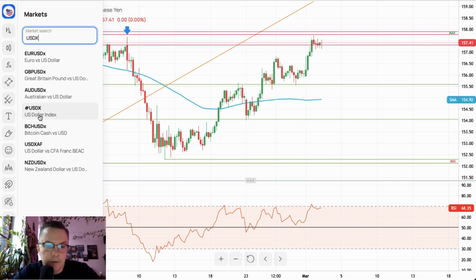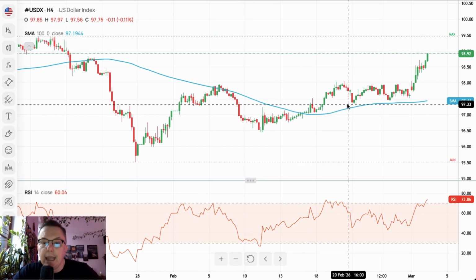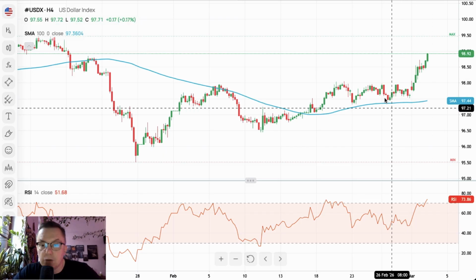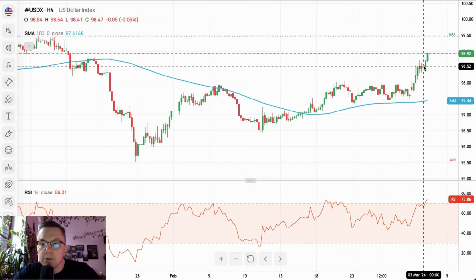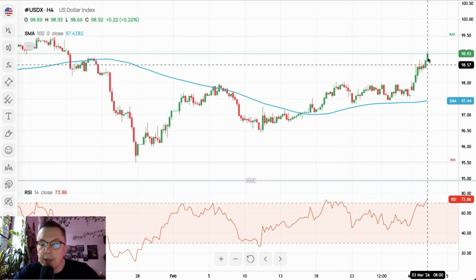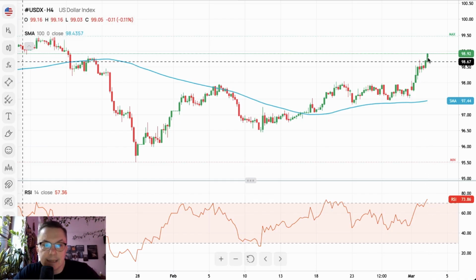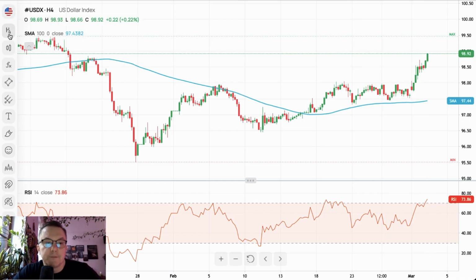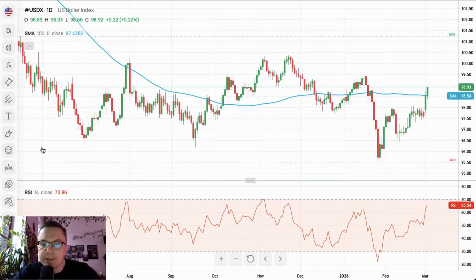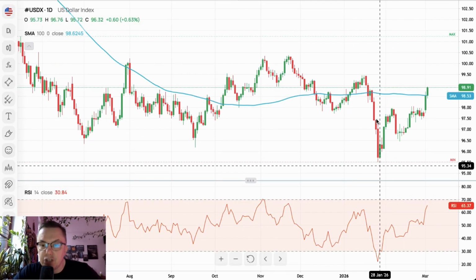Let's confirm with the US dollar index, and you can see the US dollar index after a short period of consolidation is rallying very strongly into extremely overbought conditions on the 4-hour time frame chart. 98.93 is the recent level that we hit here. On the daily time frame chart, we almost erased all of this slump at the end of January.